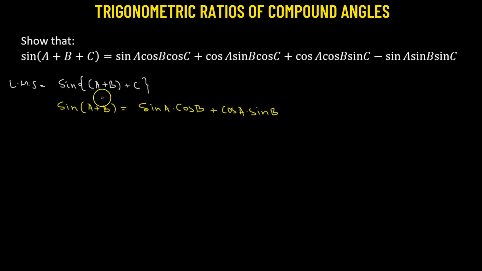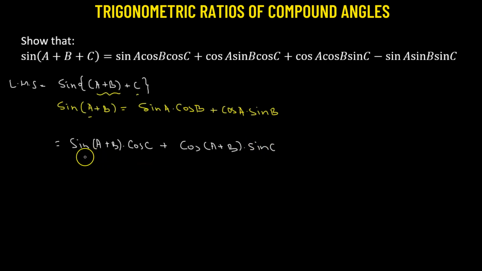If we use this particular identity, we can consider a plus b to be equivalent to a and c to be equivalent to b, and we can expand it to get sine of a plus b times cosine b. So in our case, b is actually c, added to cosine of a plus b times sine c.